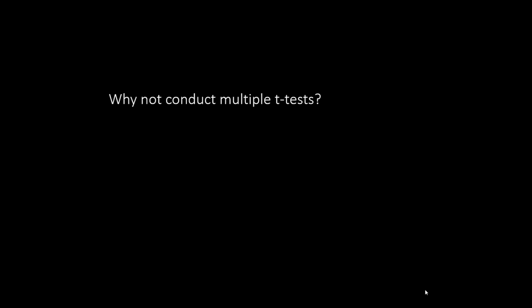Let's start out by asking simply why we can't conduct multiple t-tests arrayed, say, like this. The reason is easy to articulate. Each comparison carries with it the probability of a type 1 error, that is, the probability of rejecting a null hypothesis that in fact is true. We typically set a probability of a type 1 error by setting an alpha level at, say, 0.05.